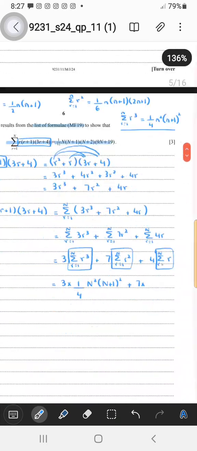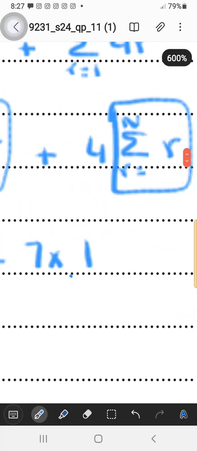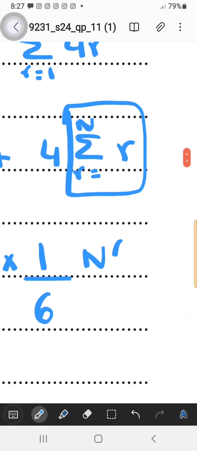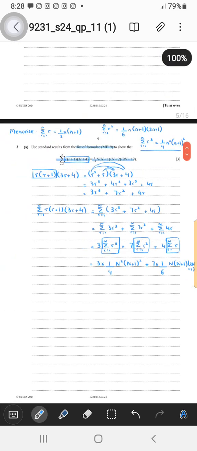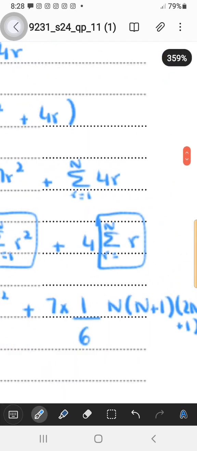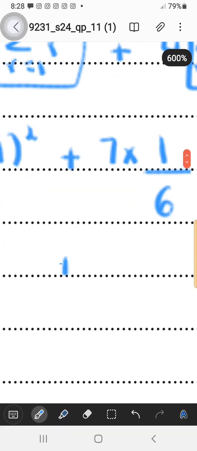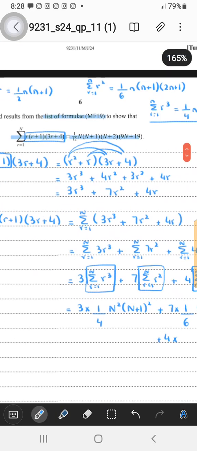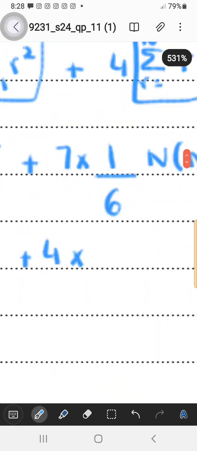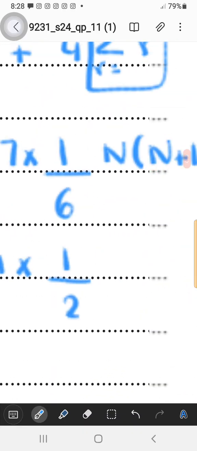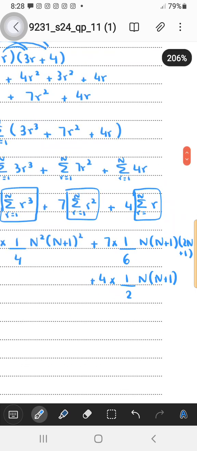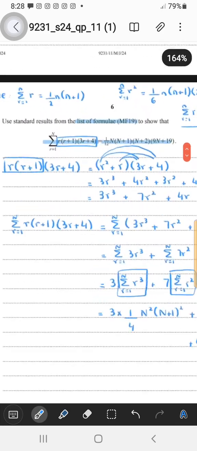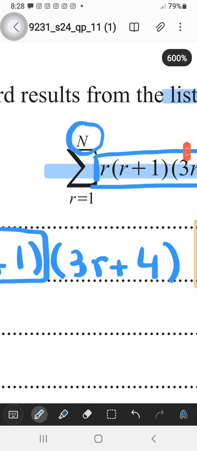This is also given here, 1 upon 6 n plus 1 2n plus 1. And we will write this also plus 4 by, we have to memorize this, which is 1 upon 2 n n plus 1. You have to be careful and go along with the capital N because the question is using capital N.